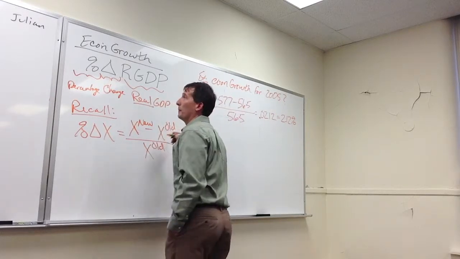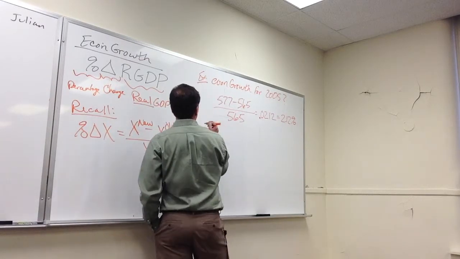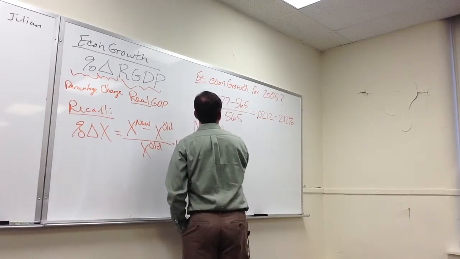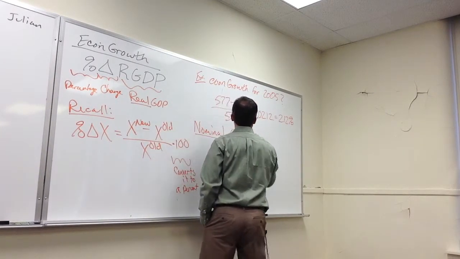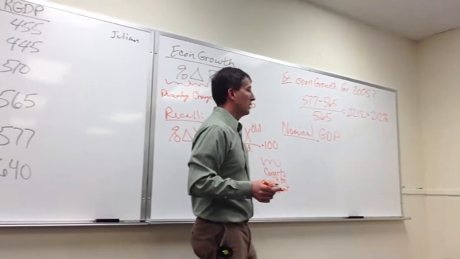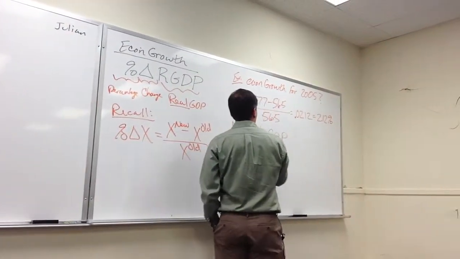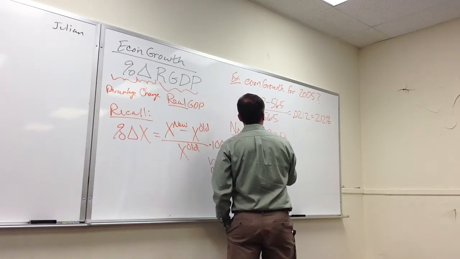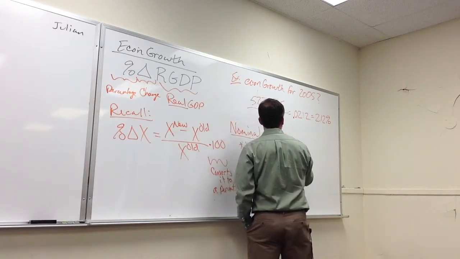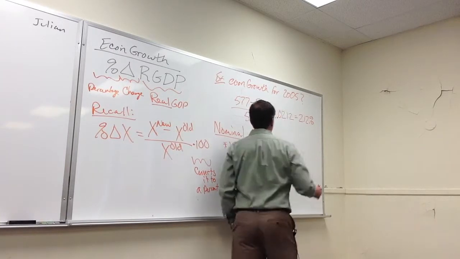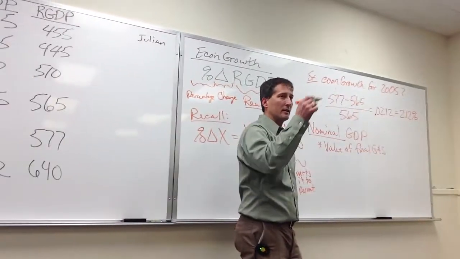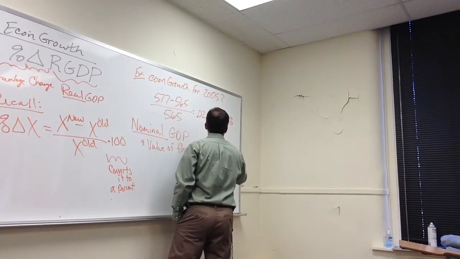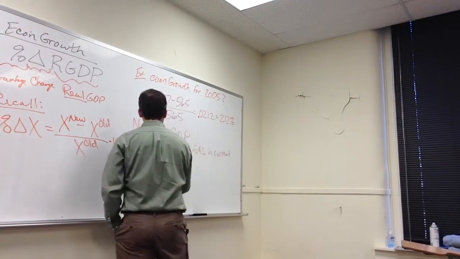So, nominal GDP is the value of the final goods and services in current year terms. In current year terms.